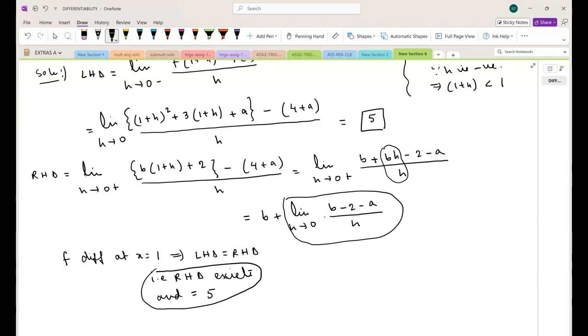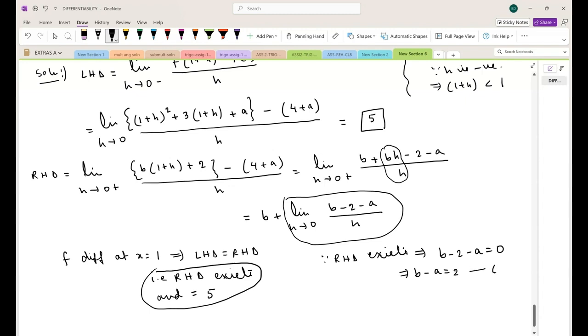So since the right hand derivative exists, this implies that b minus 2 minus a has to be 0, because in that case you get the indeterminate form 0 by 0, which you know that limit will exist. So b minus 2 minus a can never be non-zero here, because this right hand limit exists, we know that. So b minus 2 minus a has to be 0. So from here you have b minus a equal to 2.